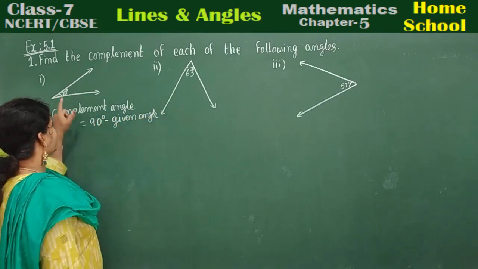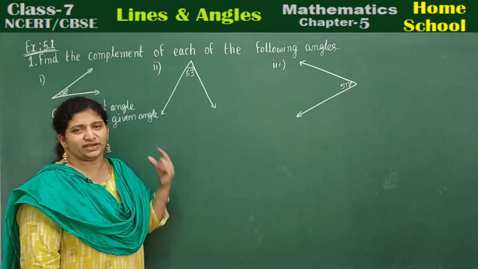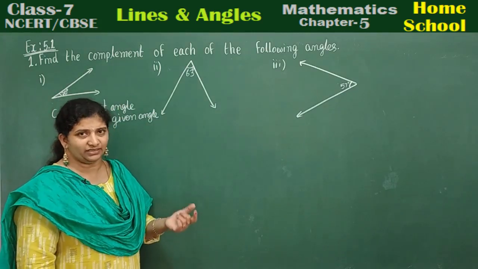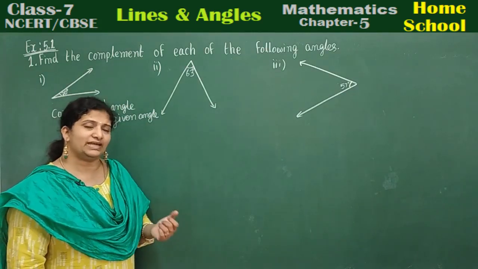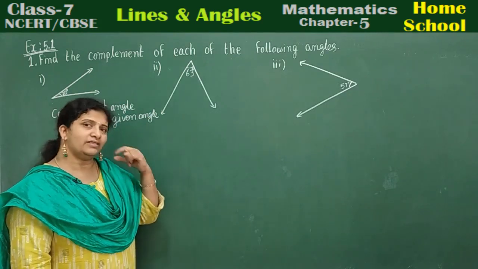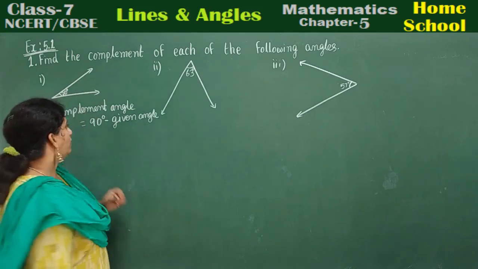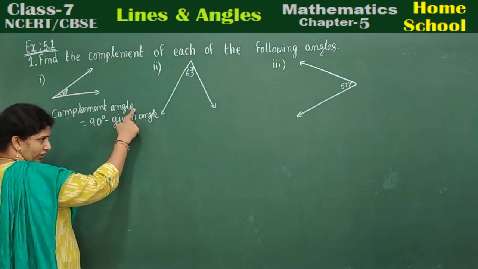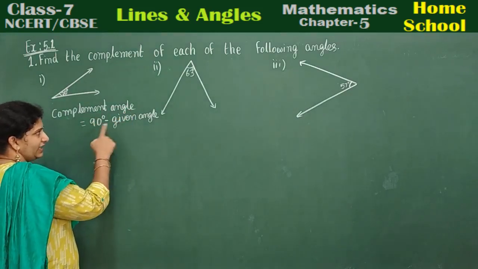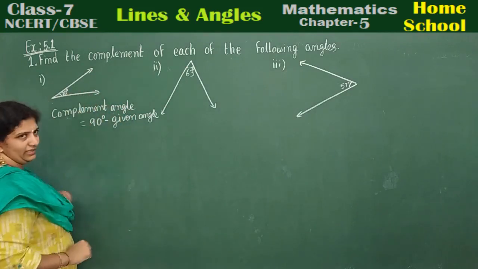Or you can take this 20 and another angle x, 20 degree plus x is equal to 90. X is equal to 90 minus 20, x is equal to 70. Either that method you can choose or you can go with this method. Complement angle, if you want to calculate, in 90 degree you subtract the given angle.